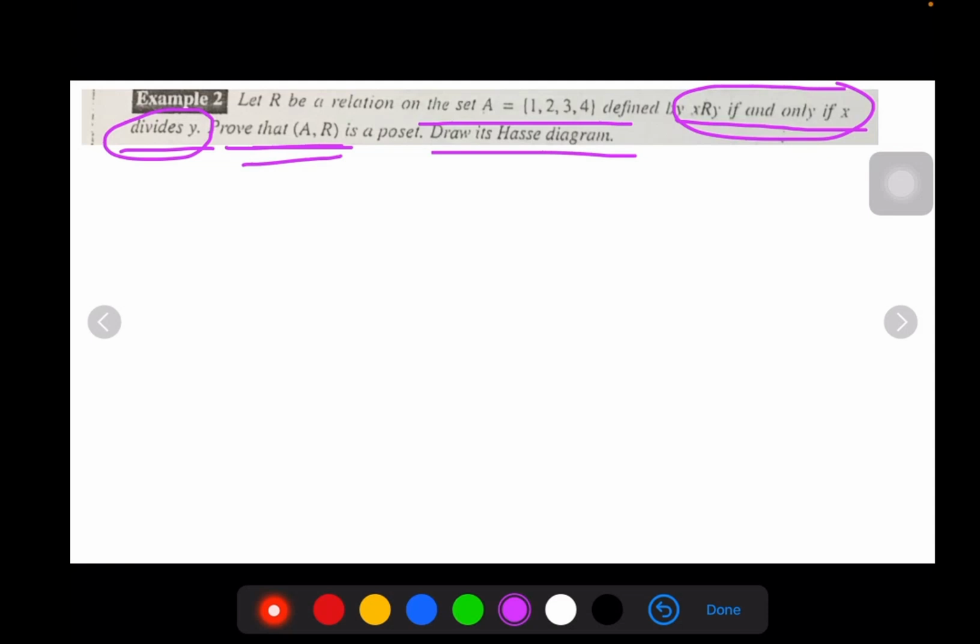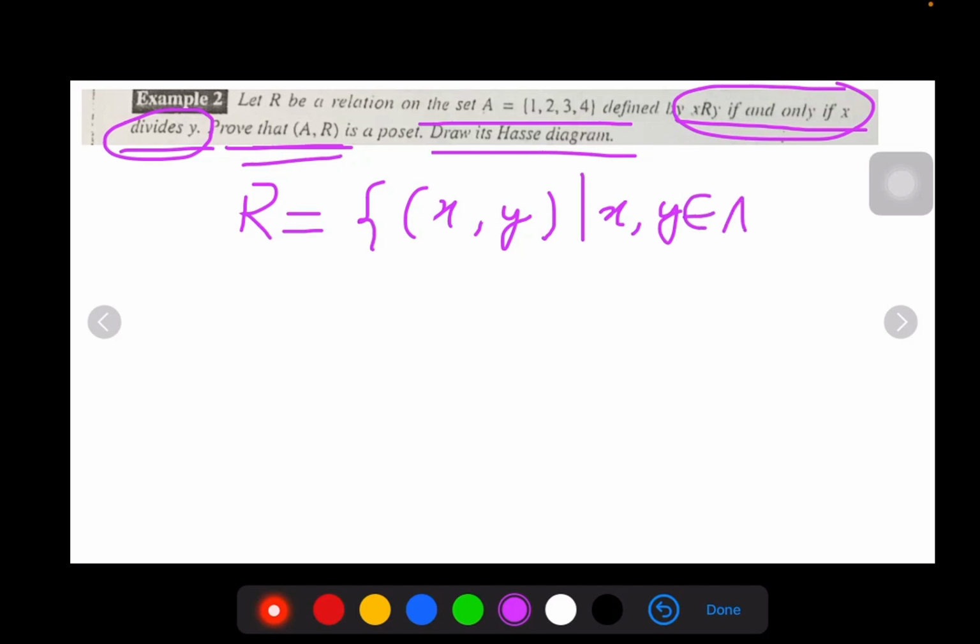In that format you have to write all the R elements. R is defined as the set of ordered pairs (x, y) such that x and y are from A, and x divides y. This condition should be satisfied. All such pairs will be written in the set R, and you know how to write this, right?